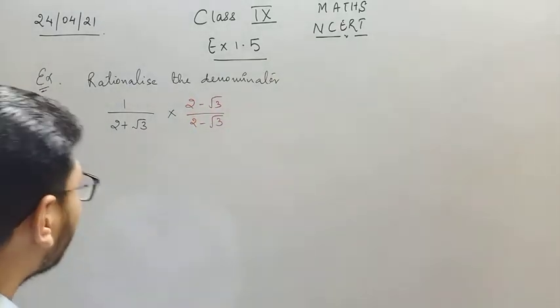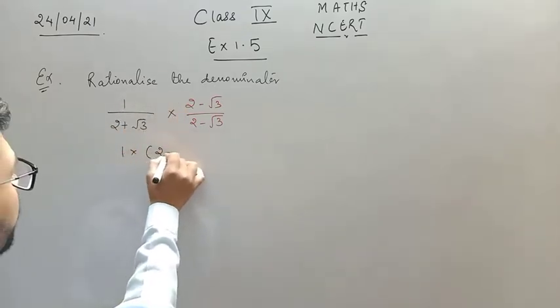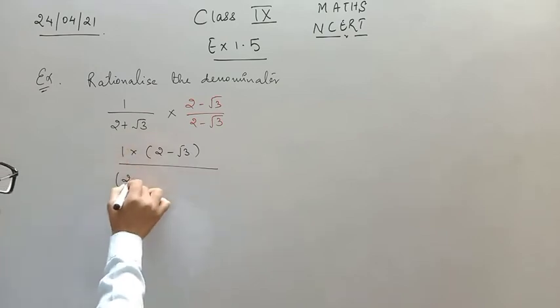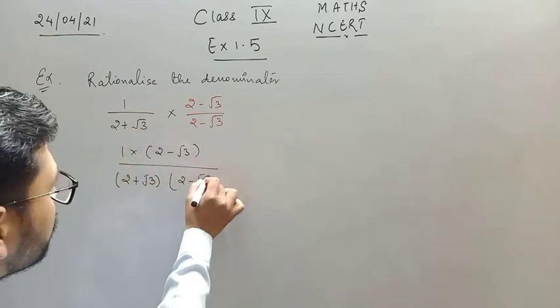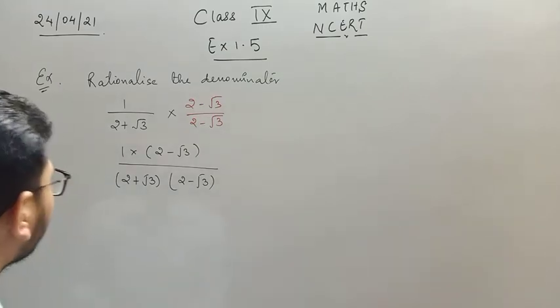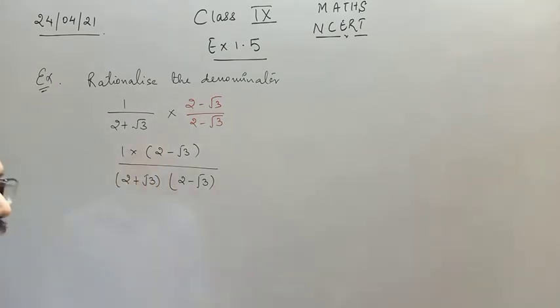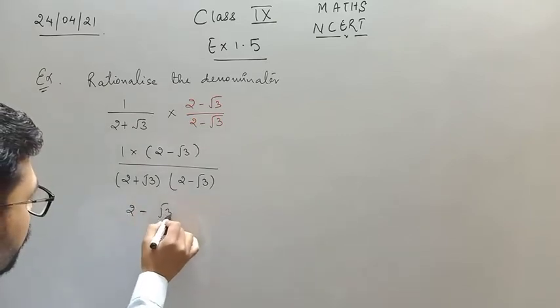Now you can simply solve this question. 1 into 2 minus root 3 divided by 2 plus root 3 multiplied by 2 minus root 3, right? Now if you are multiplying any number with 1, you will get the same number. So in the numerator I'll get 2 minus root 3.